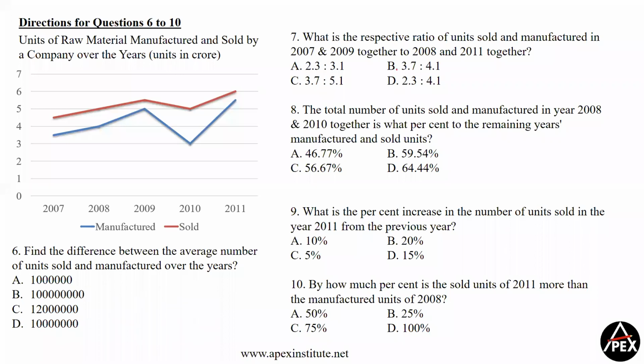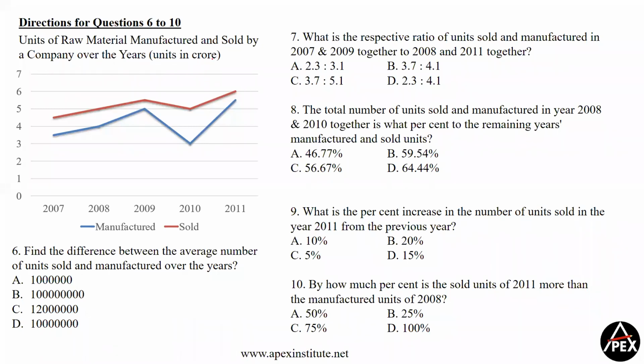Yes, guys. Can I have your attention, please? Quick responses. Yes? Yeah. So let's see what was asked, given in the question. So we are given units of raw materials manufactured and sold by a company over the years. Okay, so this blue line represents the number of units manufactured, and the red line represents the number of units sold.